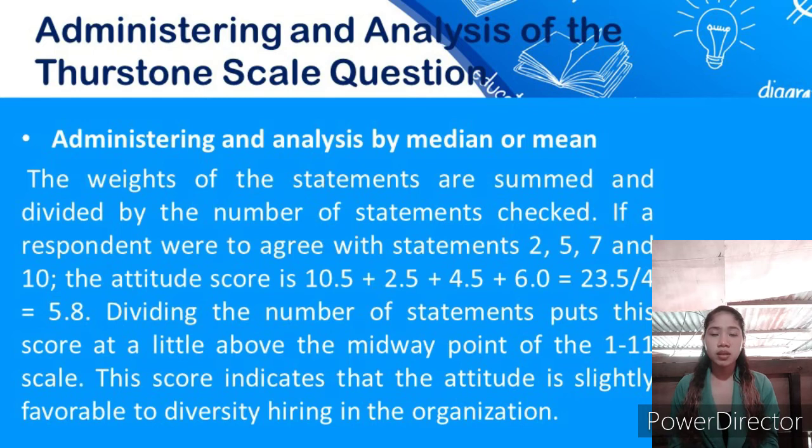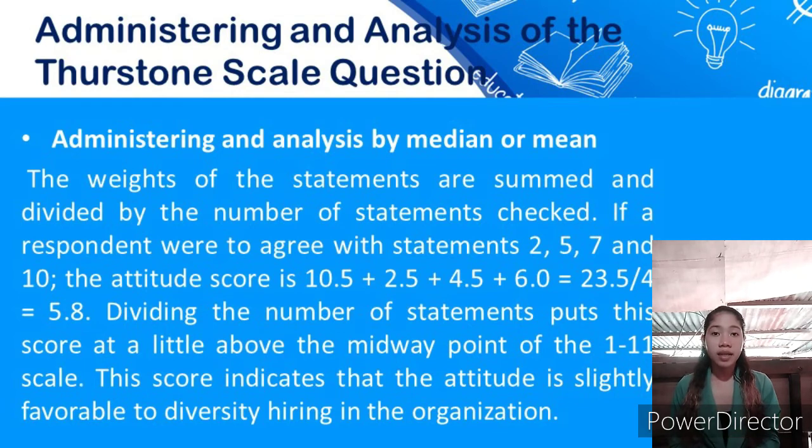So if the respondents were to agree with statements number 2, 5, 7, and number 10, then the attitude score is 10.5 plus 2.5 plus 4.5 and 6.0 equals 23.5, divided by 4, a total of 5.8.